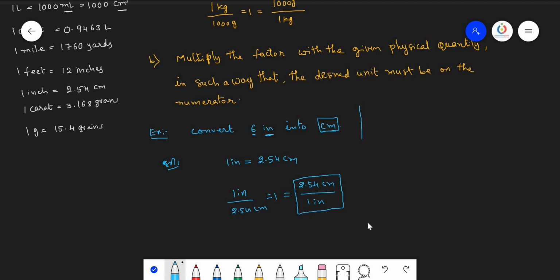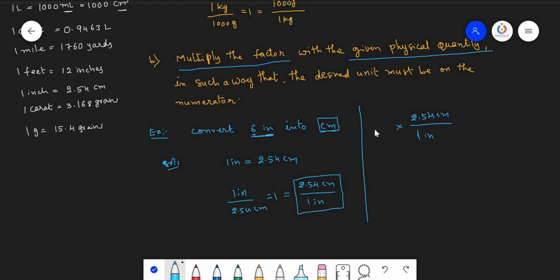Here centimeters are in the numerator, which is our desired unit. So now I'll convert. Take this factor value, 2.54 centimeter divided by 1 inch. Now this has to be multiplied by the given physical quantity. What is the given physical quantity?